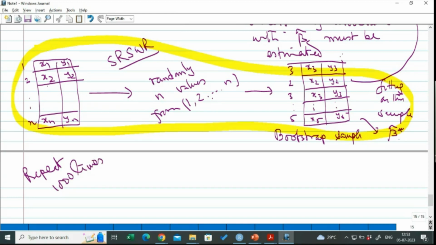That means you are going to have 1,000 bootstrap samples. In each bootstrap sample you perform the model fitting, so you get 1,000 bootstrap estimates of beta.